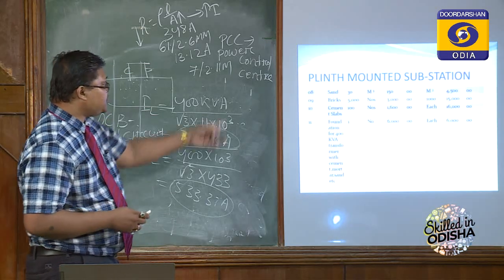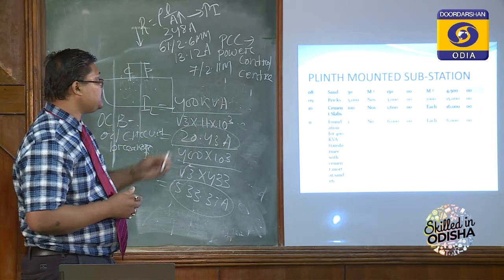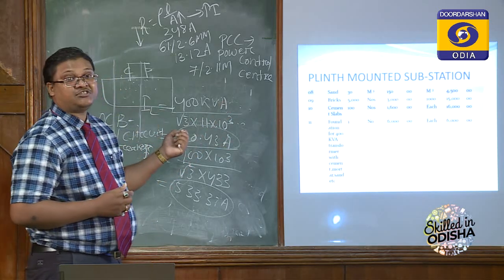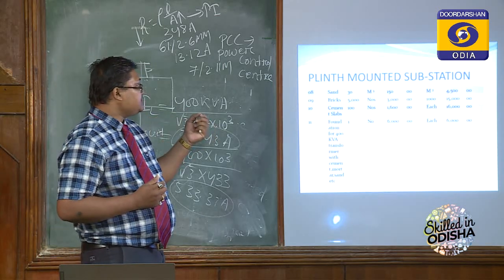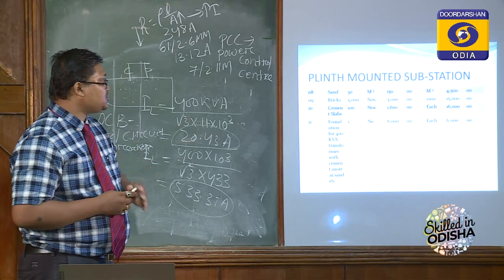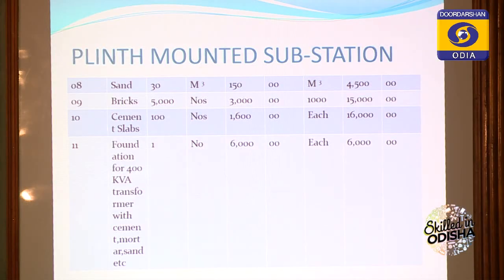Next, this is the extra thing which is not provided in pole mounted substation. That means in plinth mounted substation you have bricks, suppose 5,000 numbers required, and for each 1,000 the cost is 3,000.